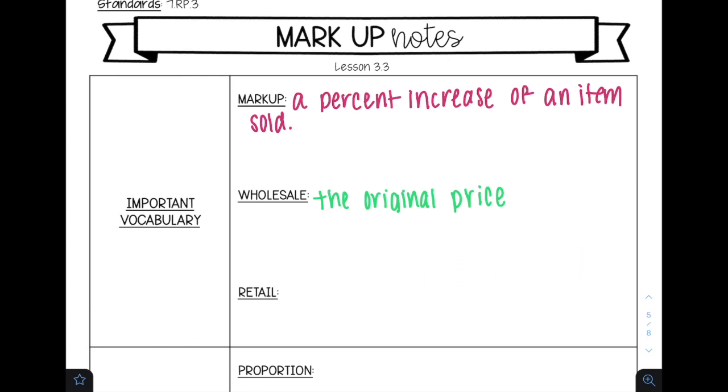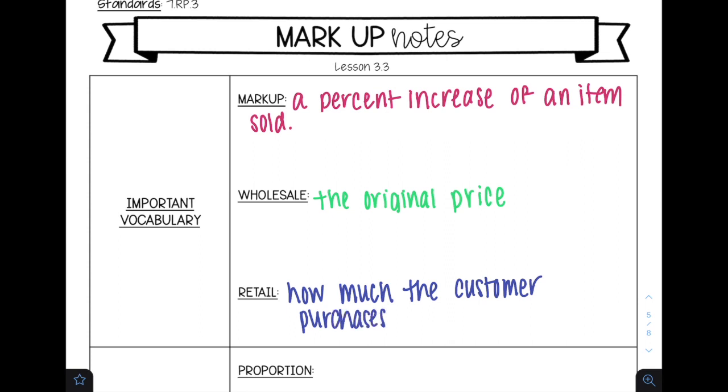So how much the customer purchases the item for. Also, you can think of it as your sale price or total cost once you're in the store.